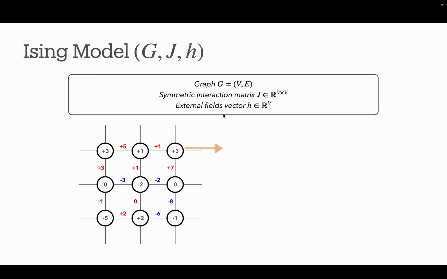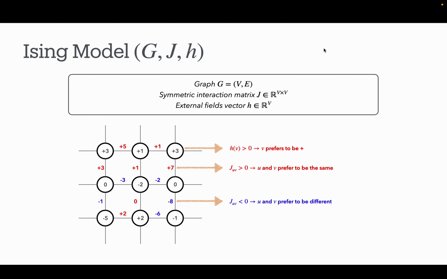Intuitively, the external field H_V being greater than 0 implies that vertex V prefers to be positive. If the interaction J_UV is greater than 0, it implies U and V prefer to be the same.